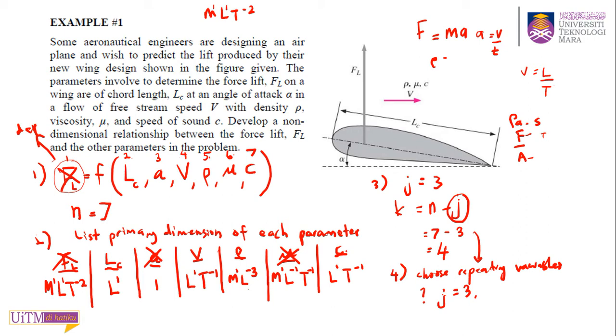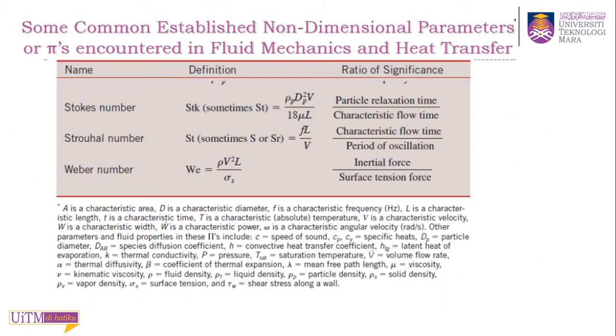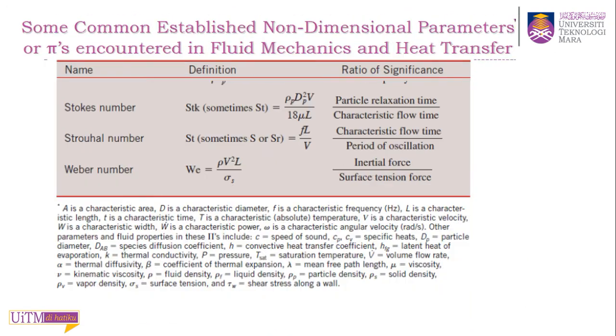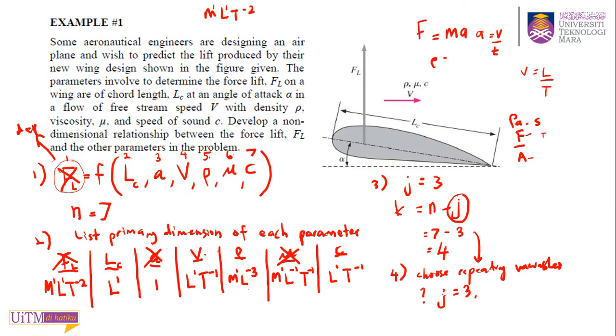The V and C are the same dimension, right? The guideline mentions never pick 2 parameters with the same dimension. So either you choose C or V, any one of them. Only choose one, you cannot choose both. So I will cancel out the C, because they have the same dimension.